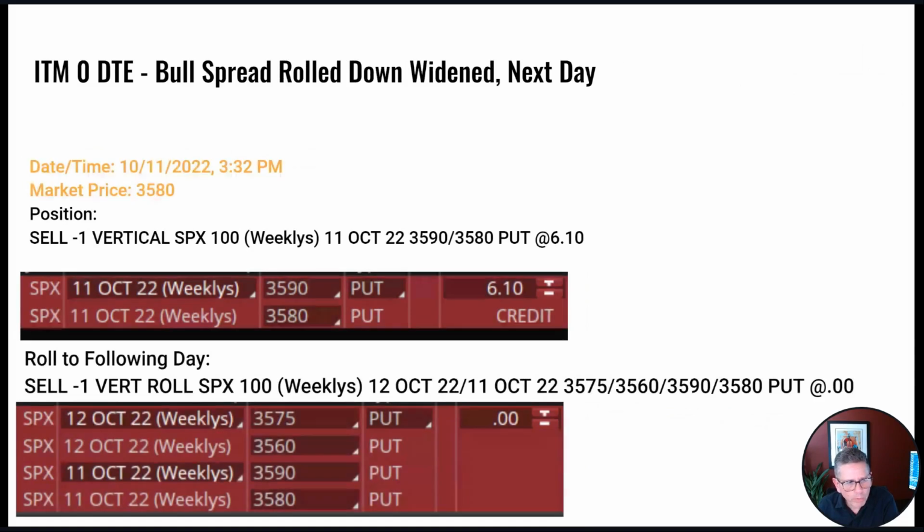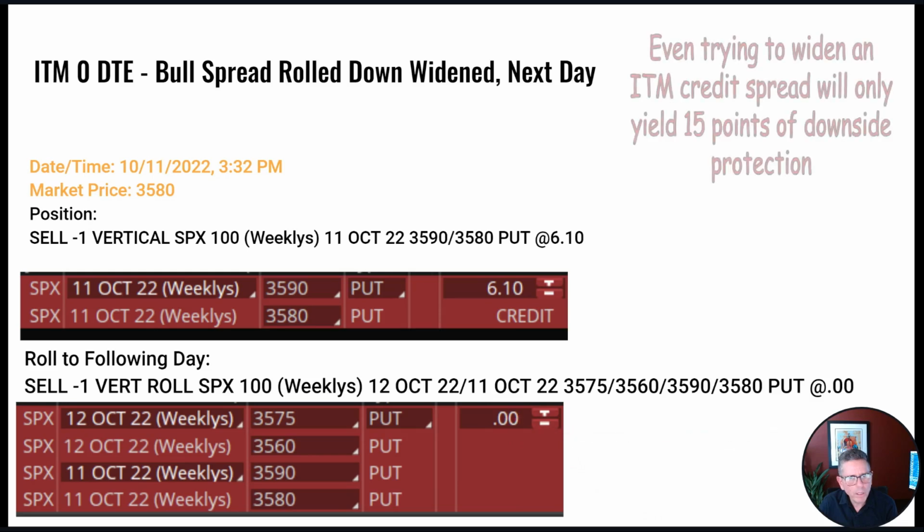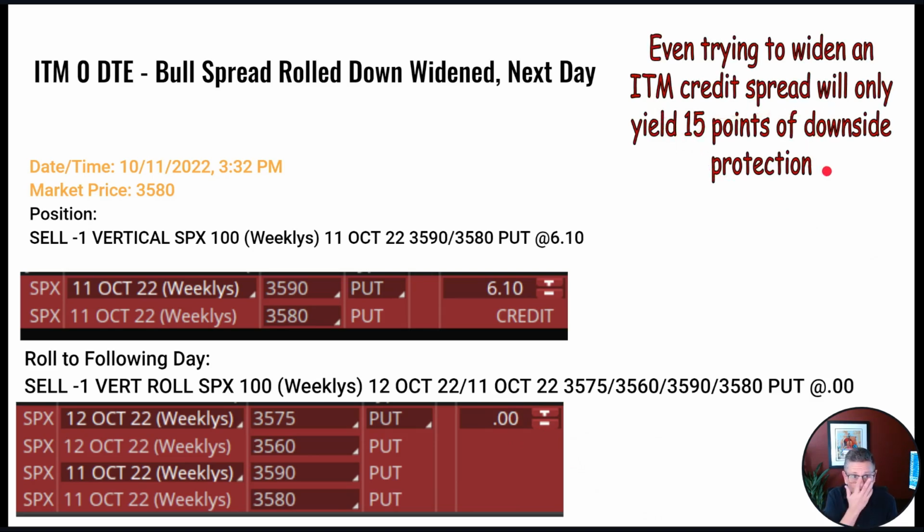If you're going to roll it, you want to roll it when it's not in the money. Okay, here's another one. 35.90, 35.80. Widen the spread. Got a 0 for that. So it only gives you 15 points of downside for that.